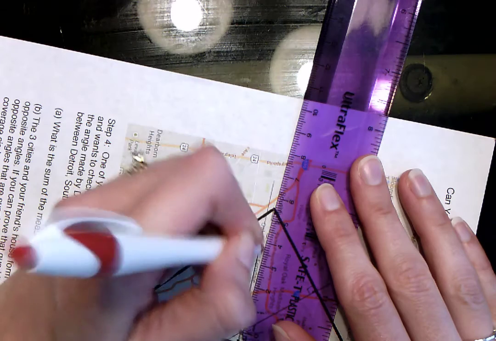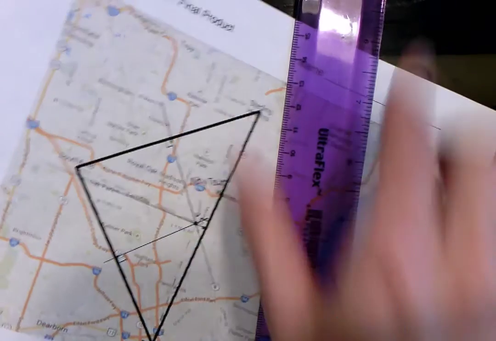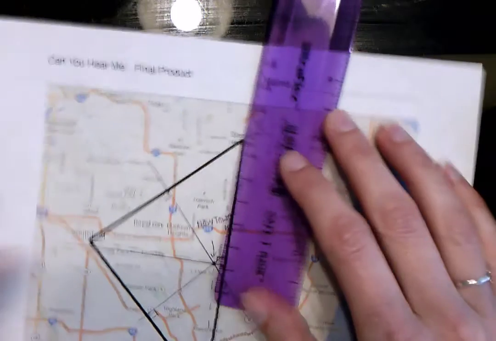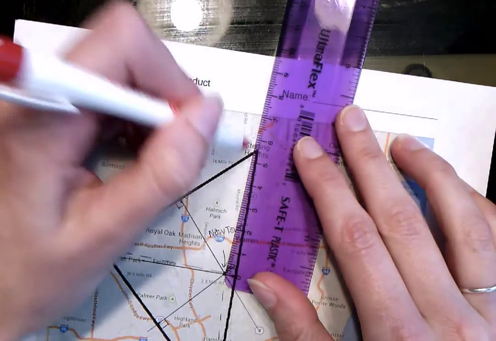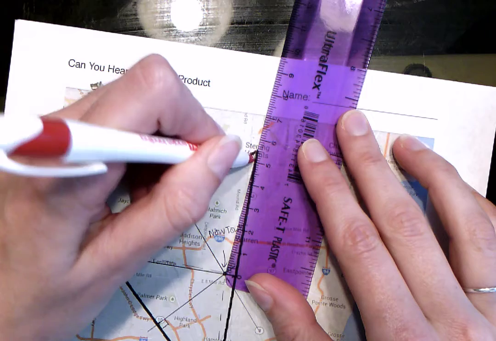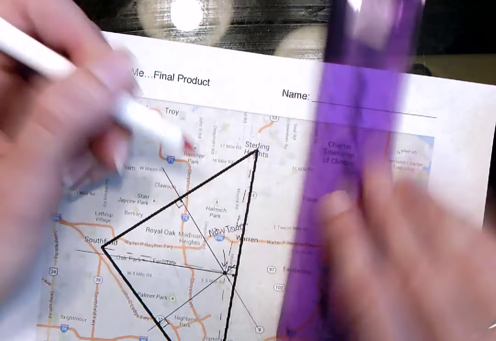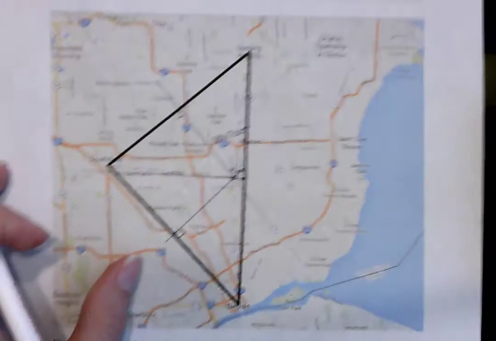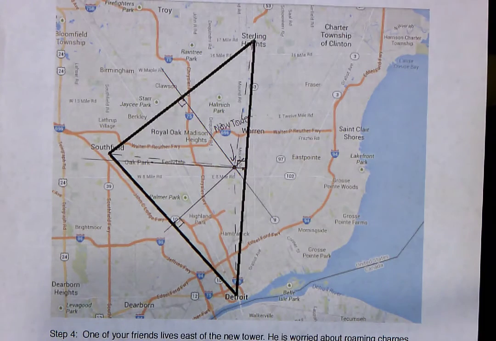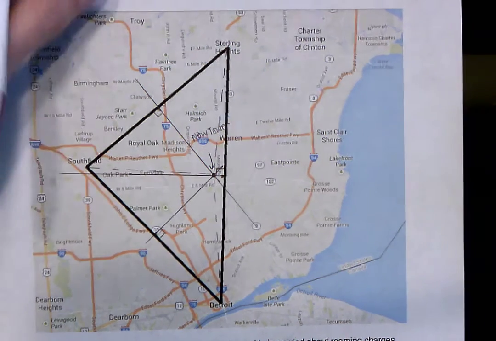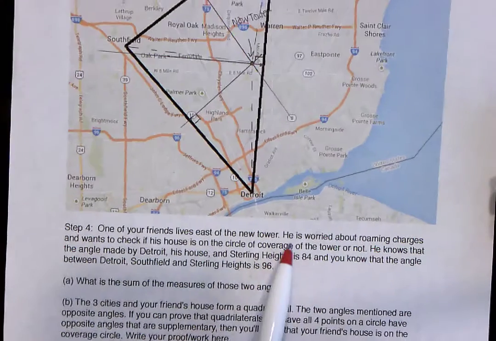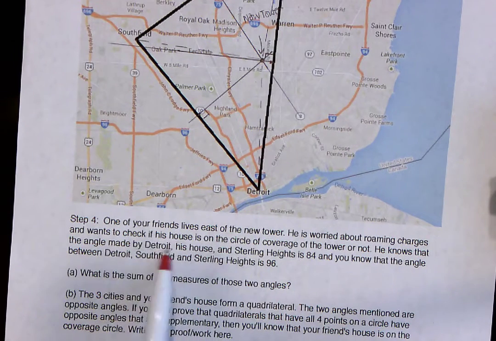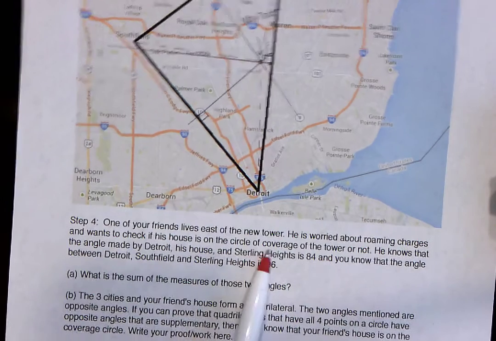That's going to be a lot more fair if the tower is equidistant. If the tower is the same distance away, that'll be a lot more fair for every city. So that's what they were trying to do. So that's the new tower. Final part is one of your friends lives east of the new tower, and he's worried about roaming charges and wants to check if his house is on the circle of coverage.